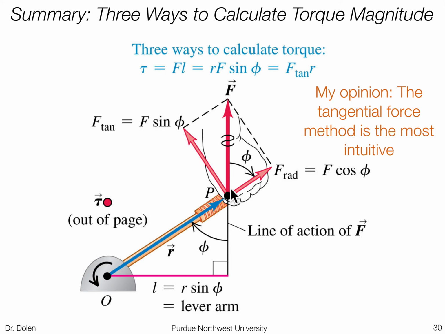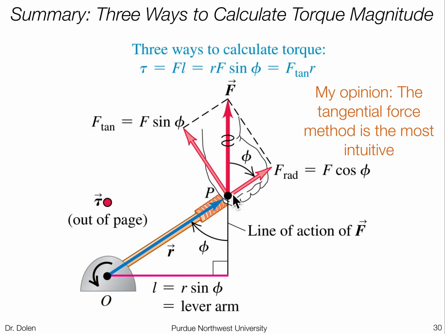If I have this force in this direction acting on this object, I could draw my line of action. Here is my lever arm, so that distance times my force is the torque. I could also use this definition, but in this case I have to draw my vectors tail to tail to figure out that angle.